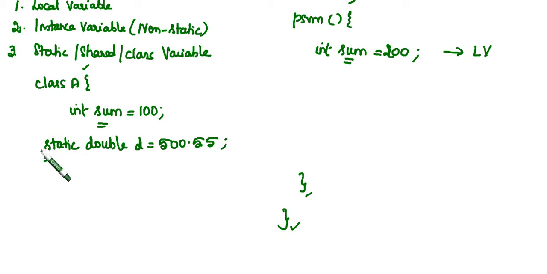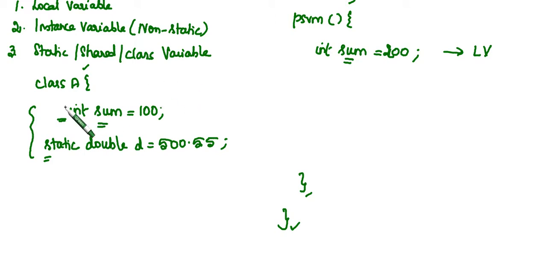If you use the keyword static, this is said to be a static variable, and if you don't use the static keyword, these variables are said to be instance variables. These two variables will be used within the class level, but the local variable will be used only at the method level. We will see in detail.